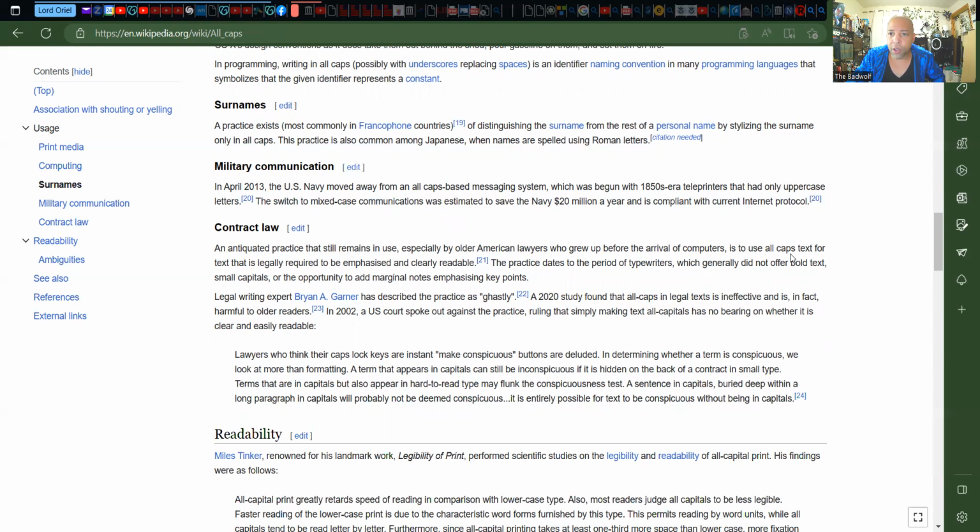Okay, is to use all caps text for text that is legally required to be emphasized and clearly readable. Emphasized. Legally, text that is legally required. Yeah, because some things, if it's legal, it needs to be in that uppercase.